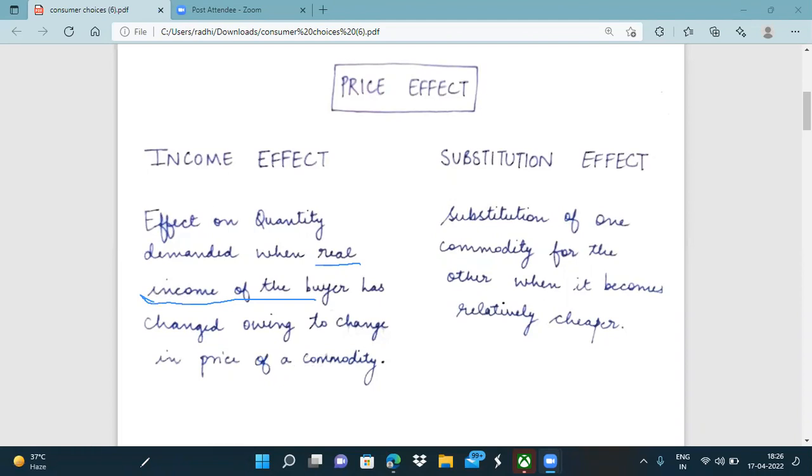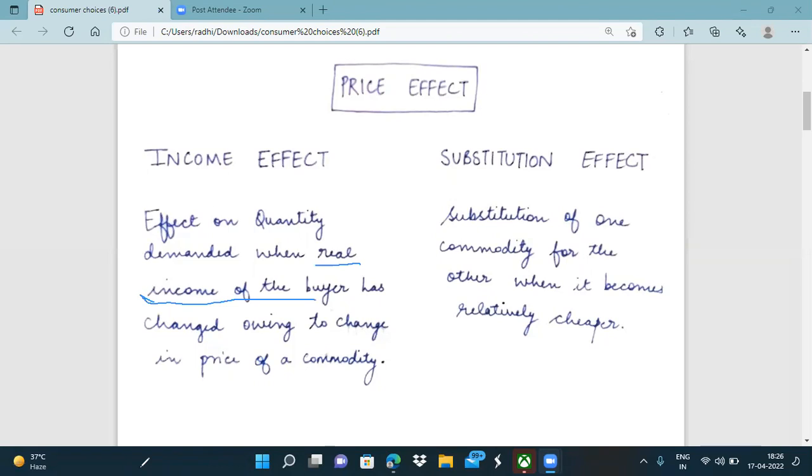So by income effect, we mean when the price of a commodity changes, it changes the real income of the buyer. That is, the purchasing power of the buyer has changed. The effect it will have on the quantity demanded is known as the income effect.